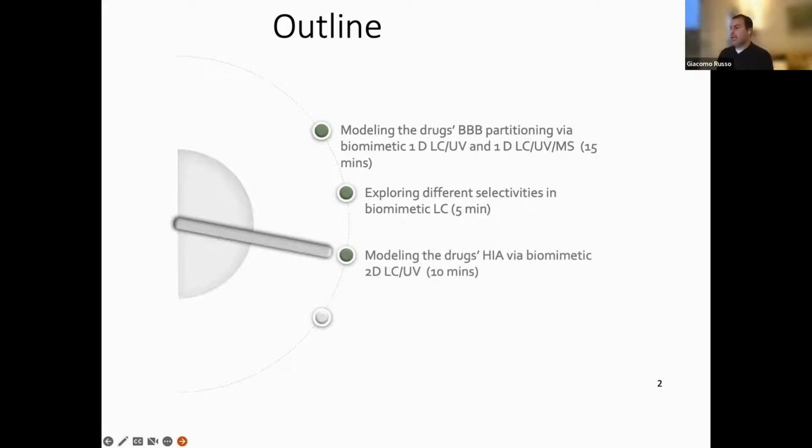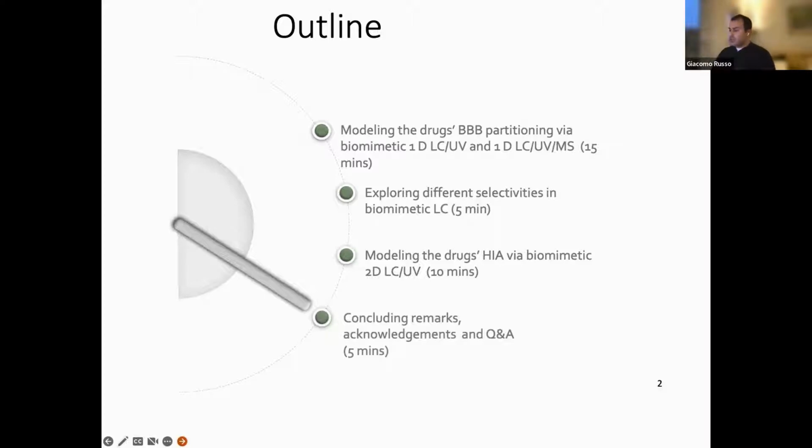We will look at the potential of biomimetic two-dimensional liquid chromatography, tandem UV, to model the human intestinal absorption of drug candidates. And of course, there will be time for some concluding remarks, for acknowledgement, and for some question and answers.